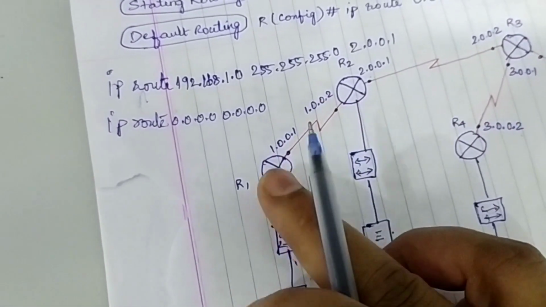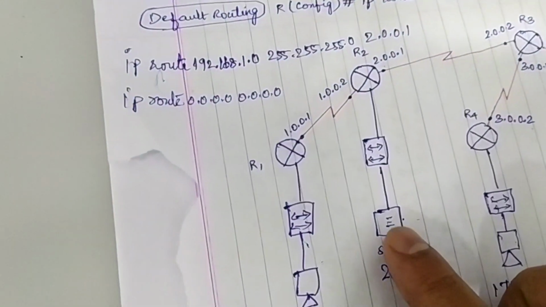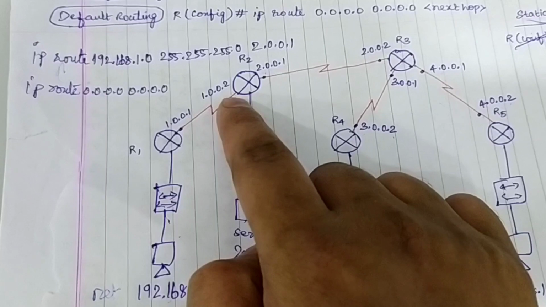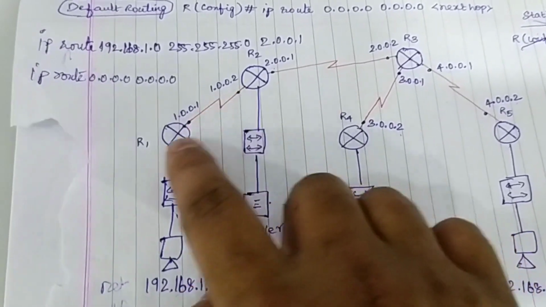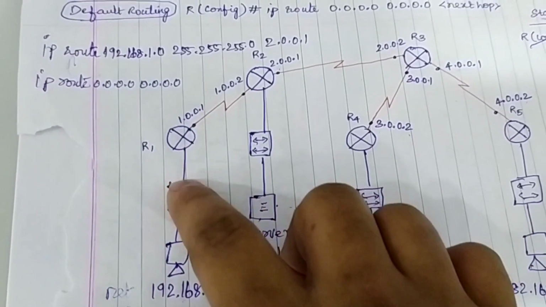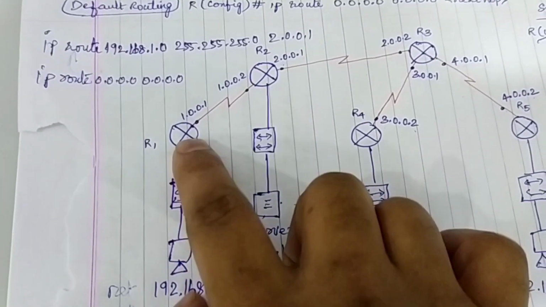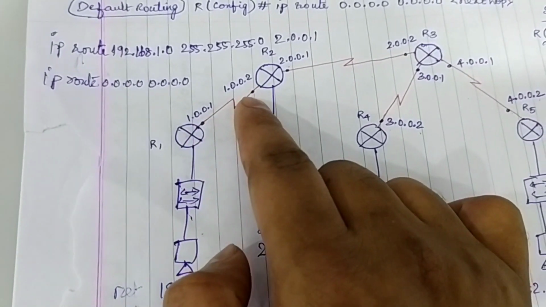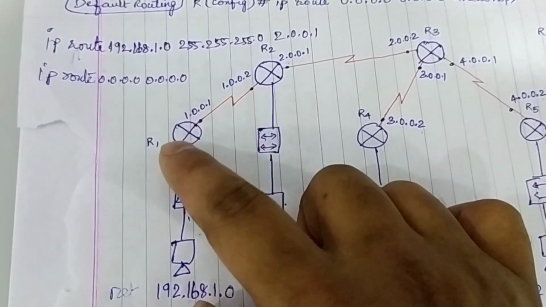0.0.0.0. From R1, just see, only one link is connected with R1. Only one serial link is connected, no other links. You leave this Fast Ethernet, this Gigabit Ethernet cable. Just see only the serial links. How many serial links are connected with R1?